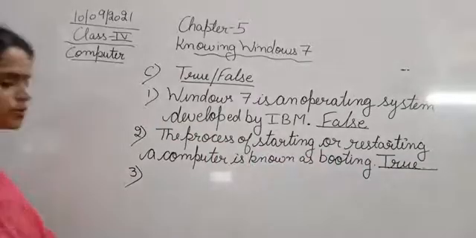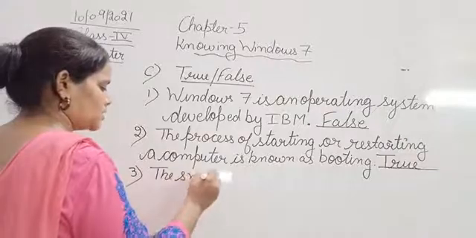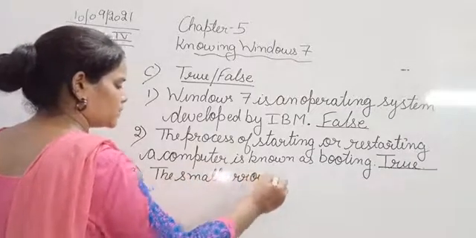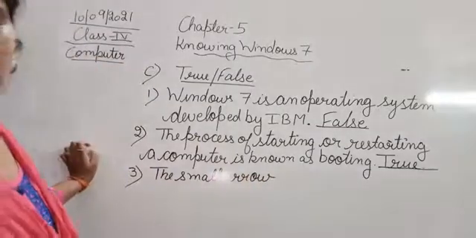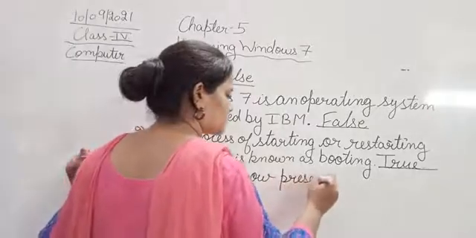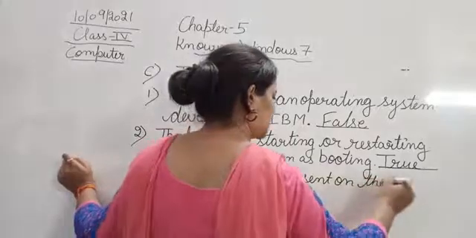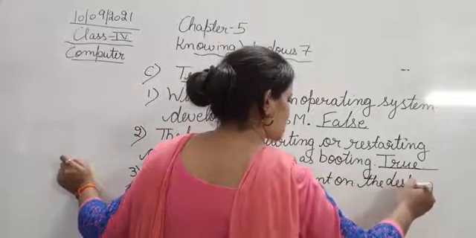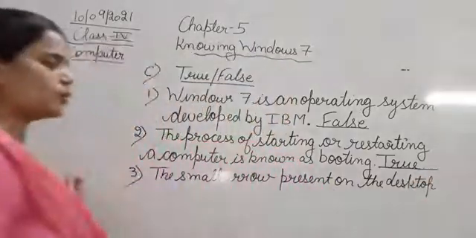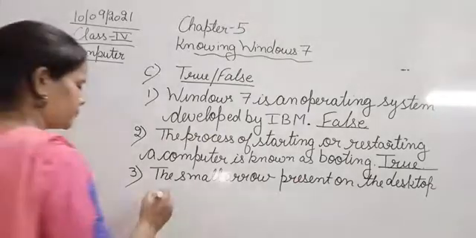So the small arrow present on the desktop is called mouse pointer.